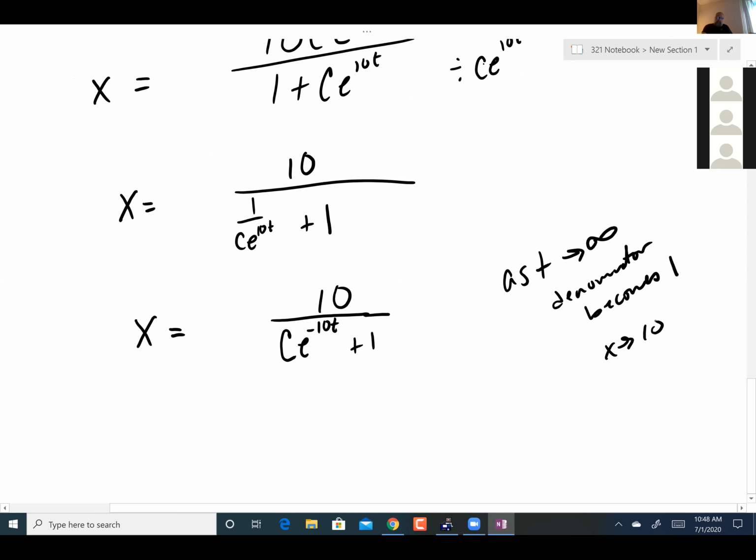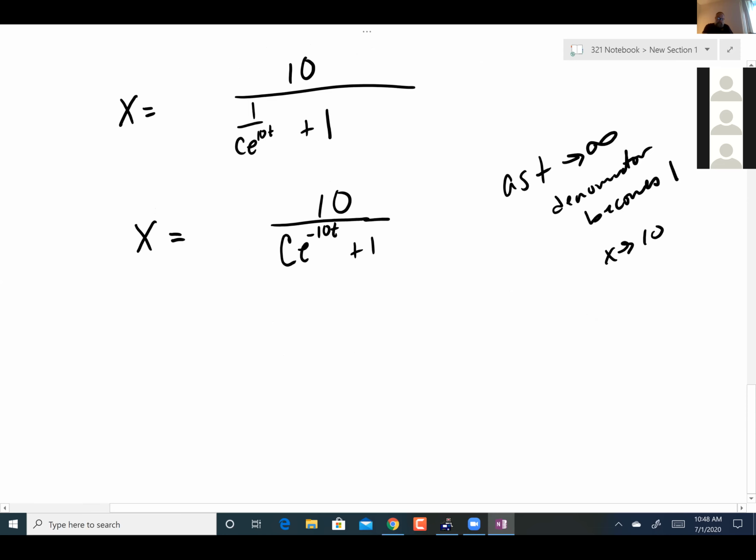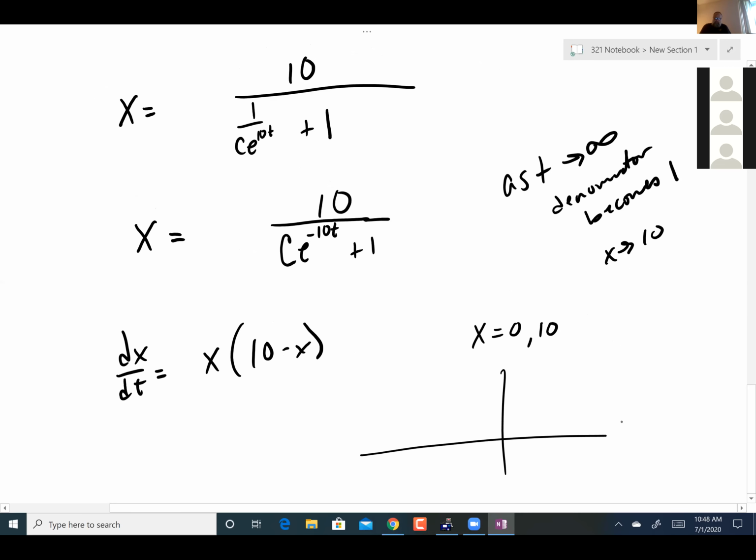And the reason we make a big deal about that is because let's go look at our solution. Our dx dt was x times 10 minus x, I guess. Our equilibrium solutions were x equals 0 and x equals 10. Interesting. So if I look at this problem here, at 0, if you put in a number and then 10 up here, 10, 0.